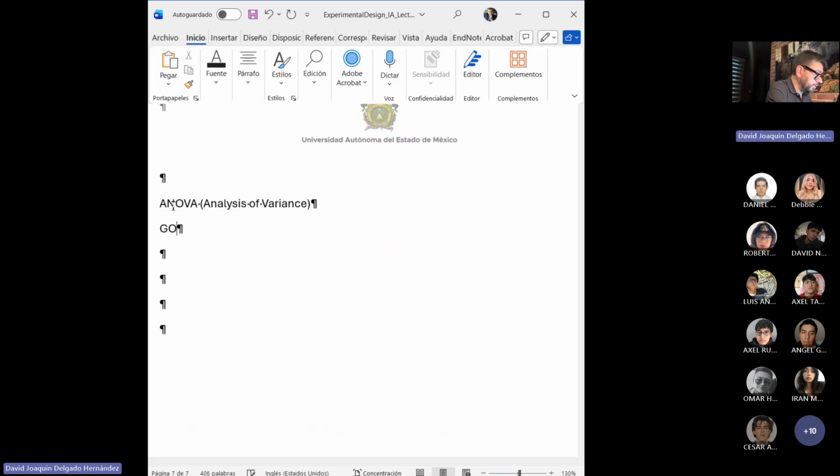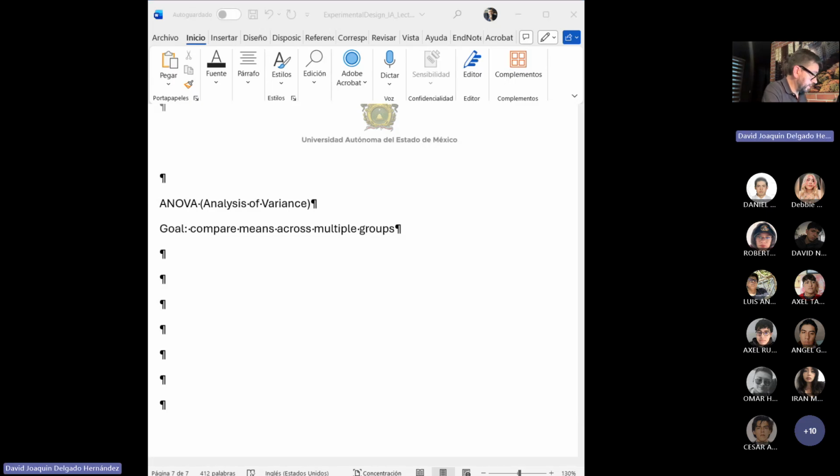So here the goal is to compare means across multiple groups. So here you have 3 or more different groups.